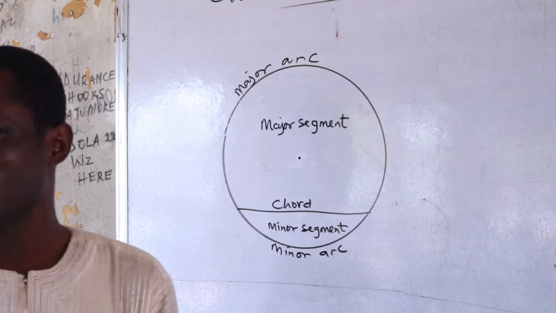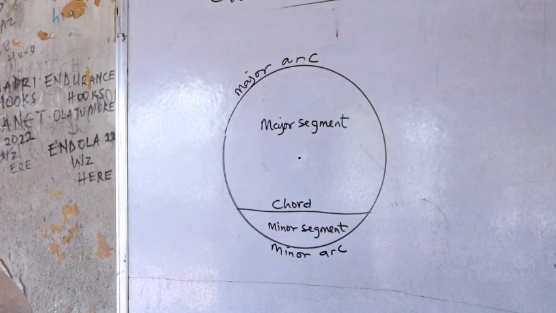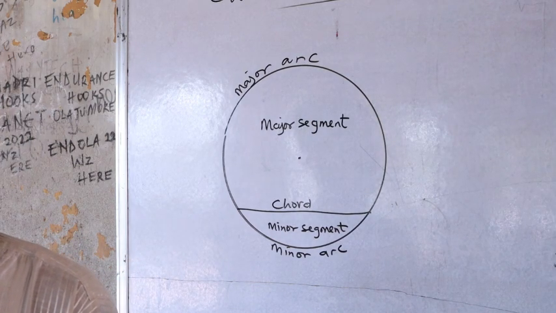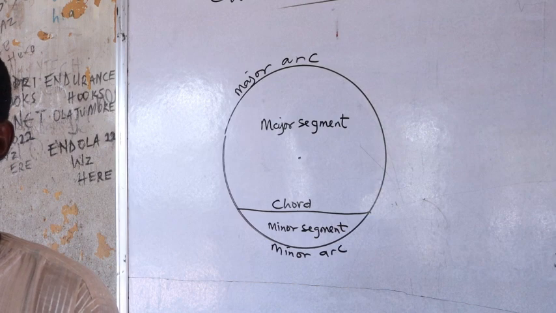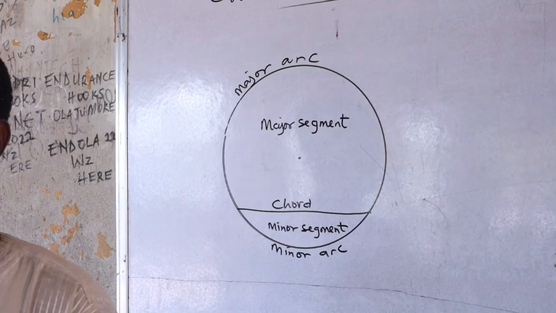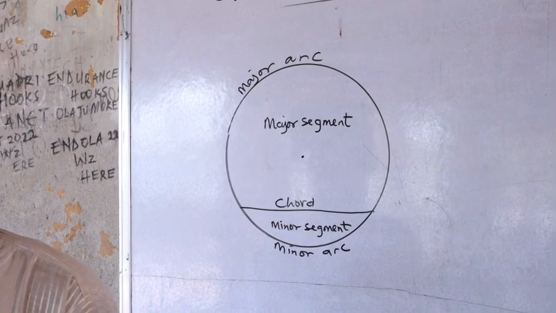There is nothing like theorem 12, okay? They are there for reference purposes, because some students will just ask you, do you know theorem 12? Do you know theorem 13? There's nothing like that. In fact, a theorem is what you have been doing right from, let's say, primary school.